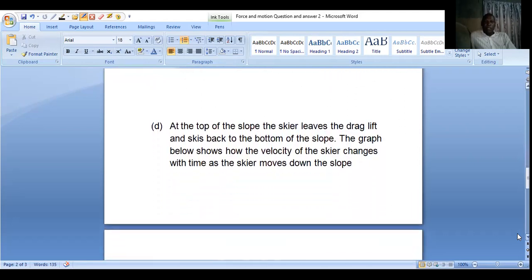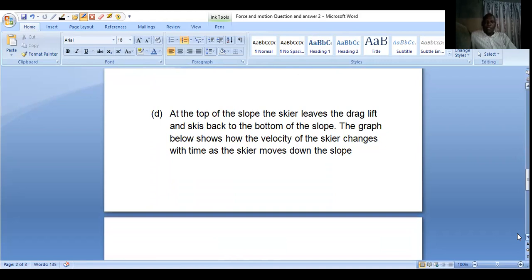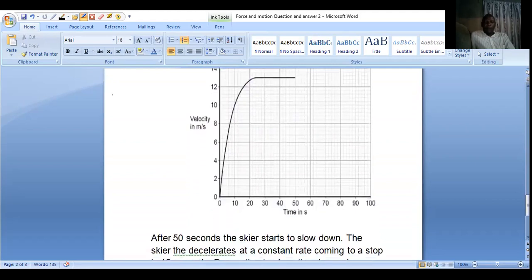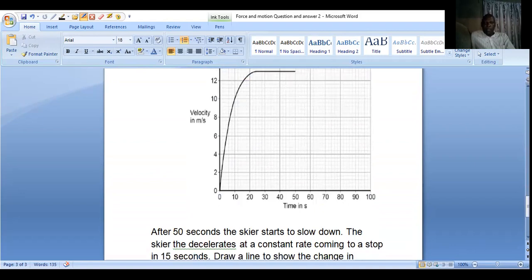At the top of the slope, the skier lets go of the drag lift and skis back to the bottom of the slope. The graph below shows how the velocity of the skier changes with time as the skier moves down the slope. So this is the graph, which is velocity against time. As we can see from the graph, after 50 seconds, the skier starts to slow down.